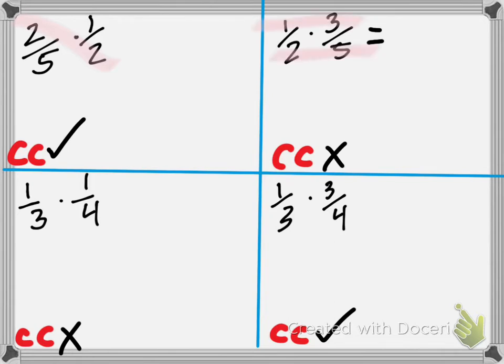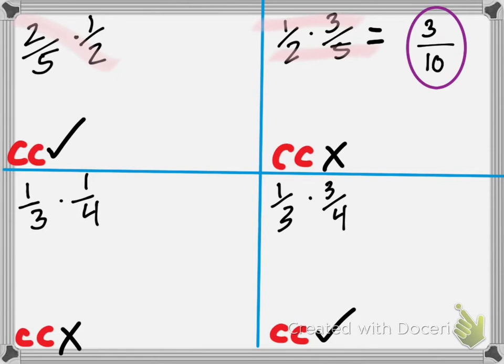We'll start there. Antonio, what is 3 times 1? 3. What is 2 times 5? 10. And right there, that's our answer. This is a proper fraction, so we're done.